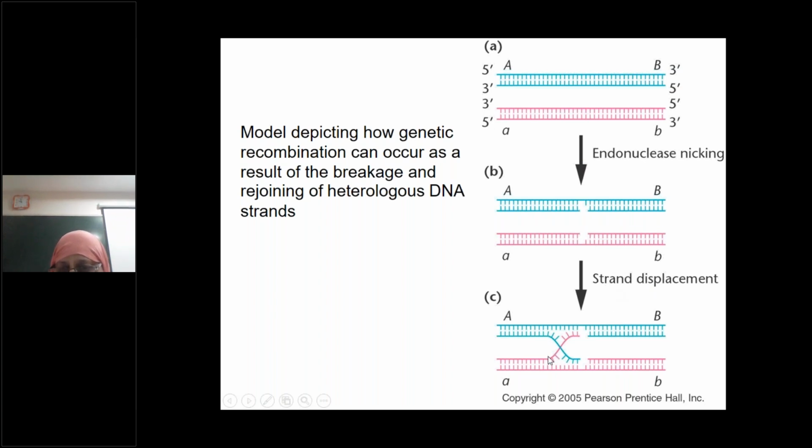After the cut is made, displacement of strand is taking place from this point and from this point onwards. So first you have the two pairs of DNAs, followed by the endonuclease cutting the strands. Then displacement of the strand is taking place in both the DNAs.